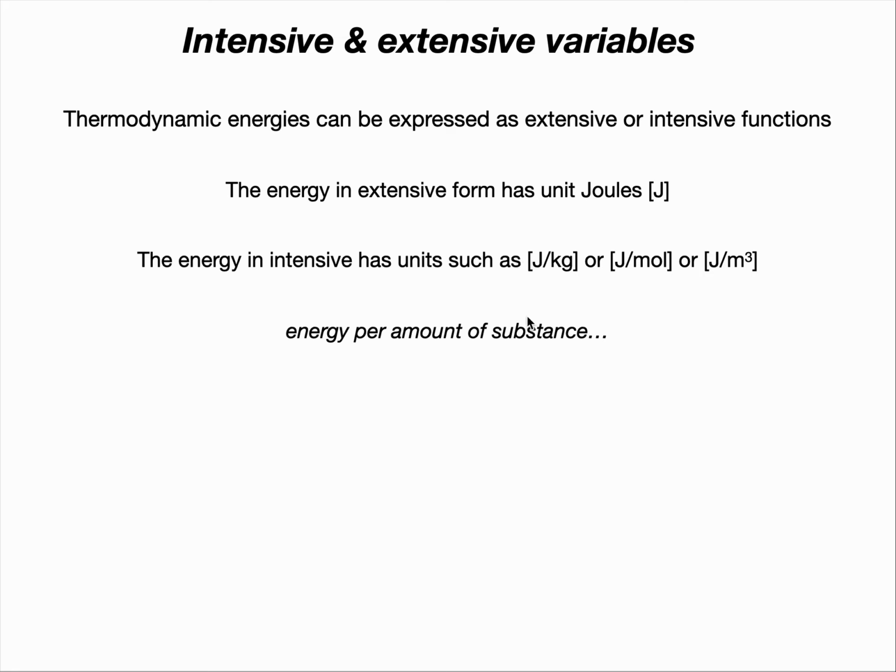In geodynamic modeling, it will mostly be joule per meter cube, while in thermodynamic modeling, it will mostly be joule per kilo. So we can make energy intensive, and then the energy will be related to the amount of substance. We'll come back to that later.